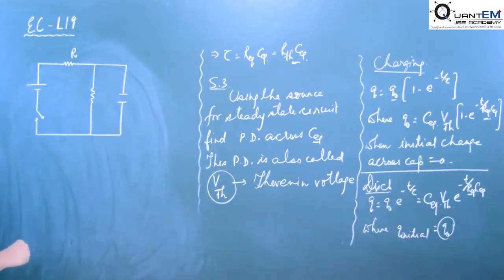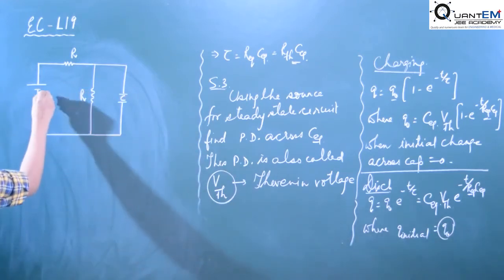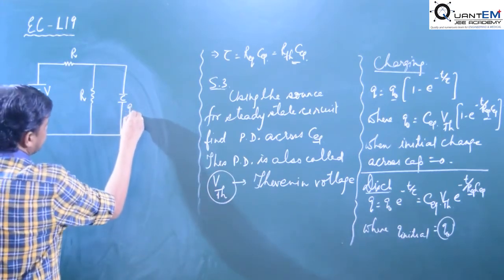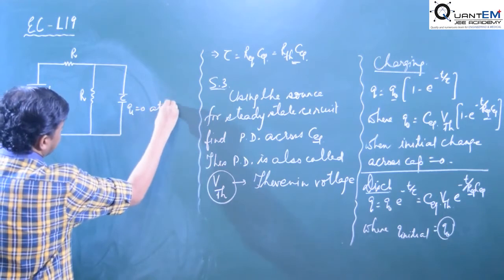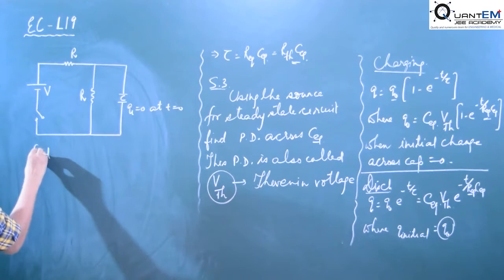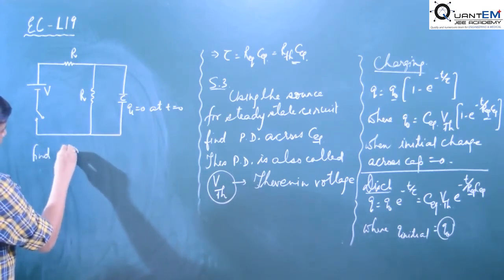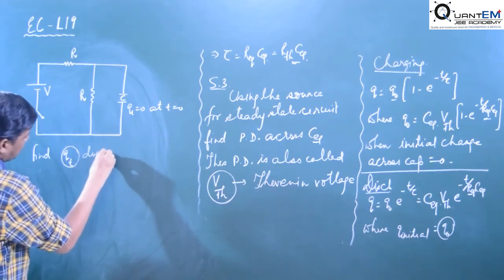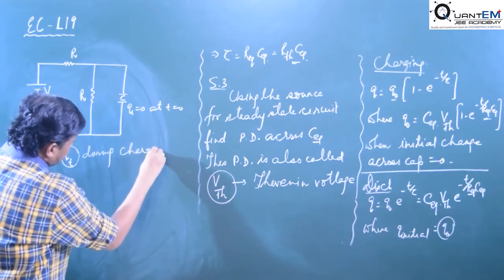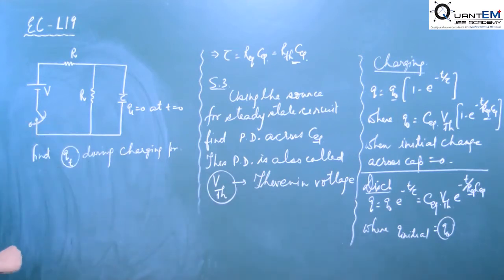Now suppose we have this circuit, this resistance is R, capacitance is C here, supply voltage is V. Initial charge here is 0 at time t is equal to 0. We have to find the charge across the capacitor at any time t during the charging process, means after the key has been closed.